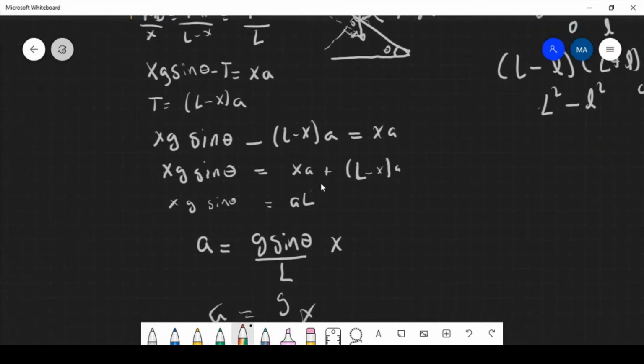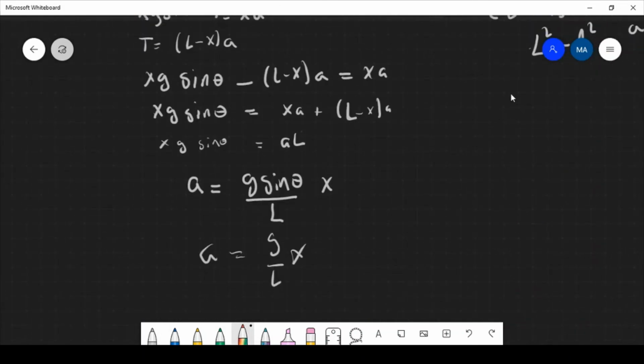If you want to find the speed, it is the same thing, because the graph is still a linear function. Sine of the angle is constant, g is constant, L is constant, so it only depends on x.